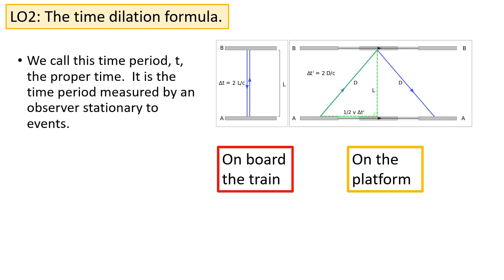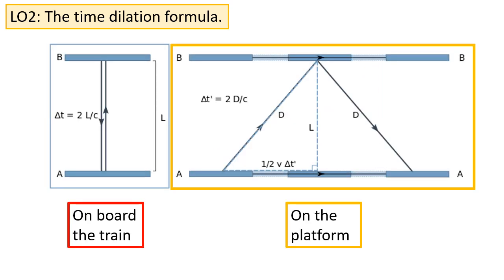The proper time is the time measured by an observer who is stationary relative to events, in this case on board the train. However, to an observer on the platform things look different. An observer on the platform will see the light travelling a distance d, and hence will take a time 2d divided by the speed of light c.